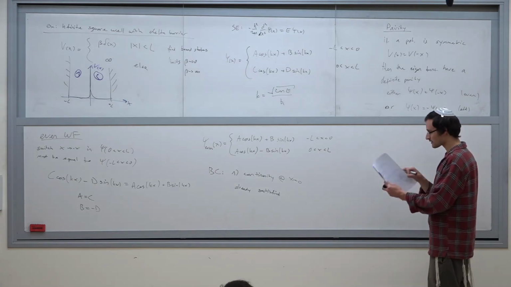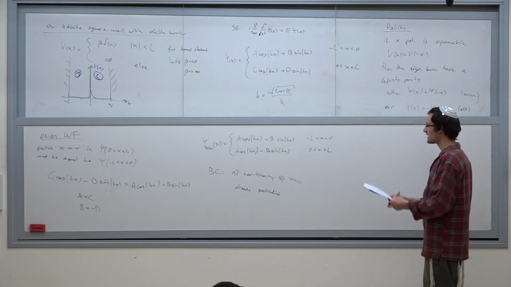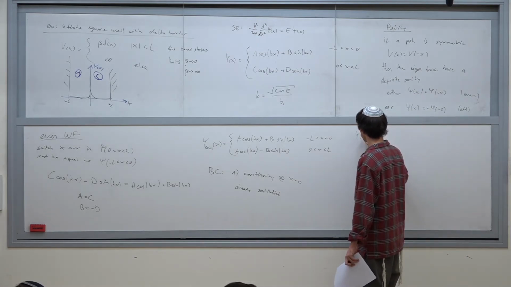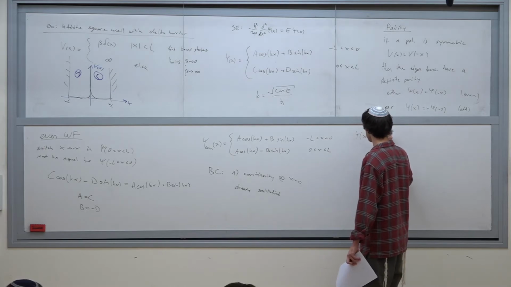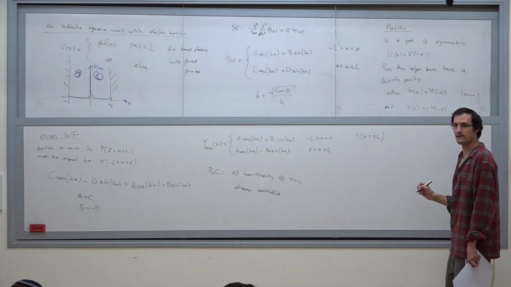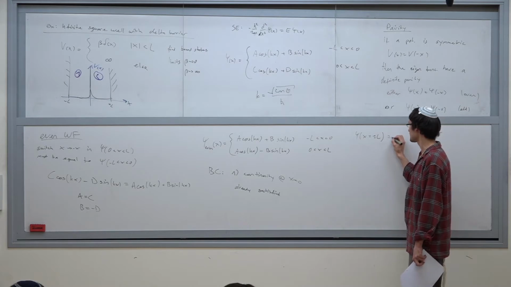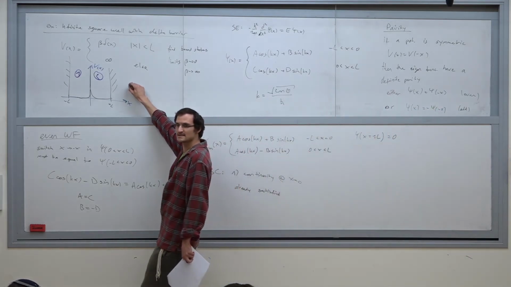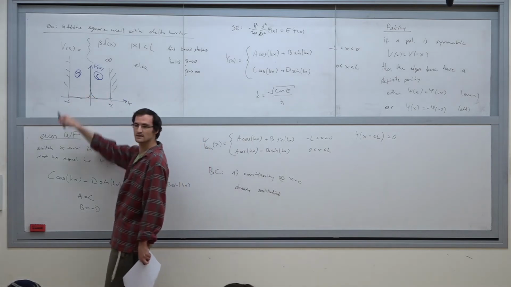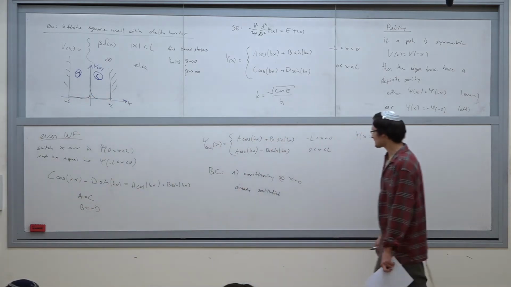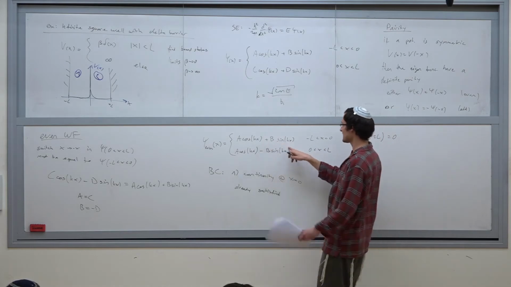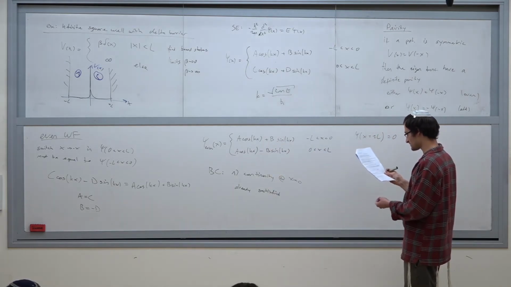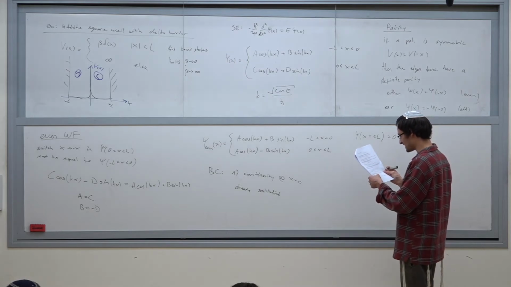Okay, there's one more. Next boundary condition: psi at x equals plus or minus L is equal to 0, because inside of the infinite wall, psi is 0. It has to be continuous at the borders. So we plug in x equals L, and we can express A in terms of B. Let's just do it for one of the sides.